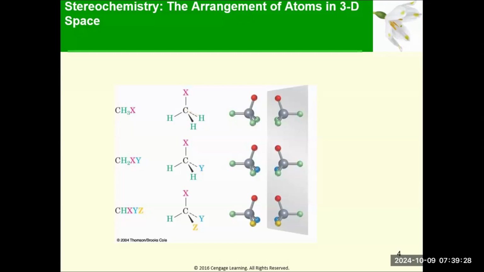And then we have our X, which usually represents halogens. That is going to be in plane with the other hydrogen here. Whereas once we attach another substituent onto the carbon in the form of Y, we're able to actually see the 3D space that it's occupying.